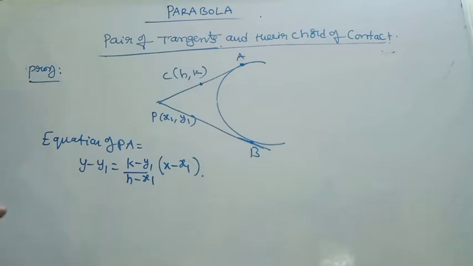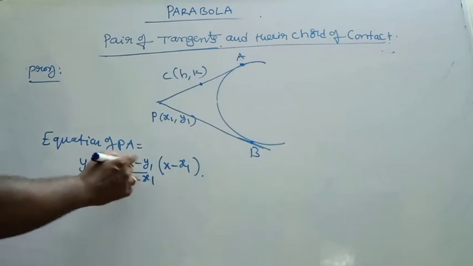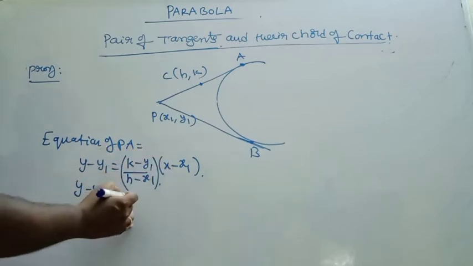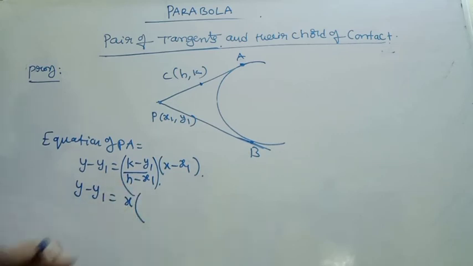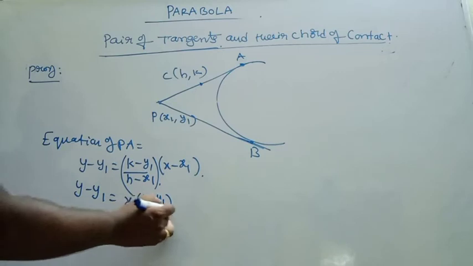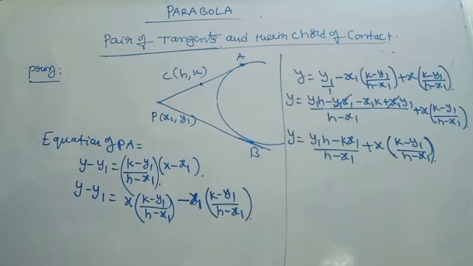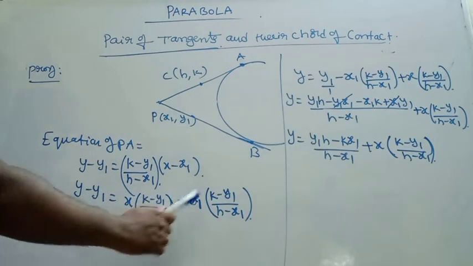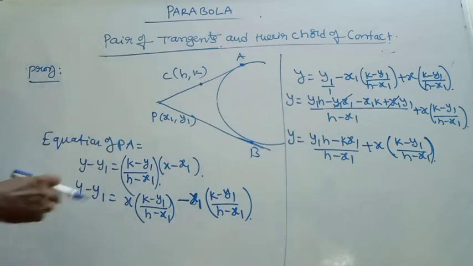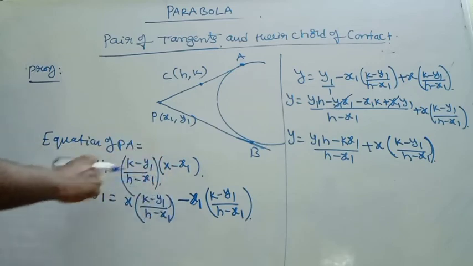Even if we want, we can simplify this. y minus y1 is equal to this total thing, if you multiply, x into k minus y1 by h minus x1. Let us take y1 to the right side.